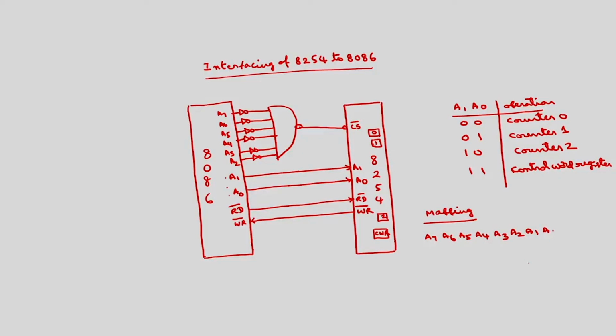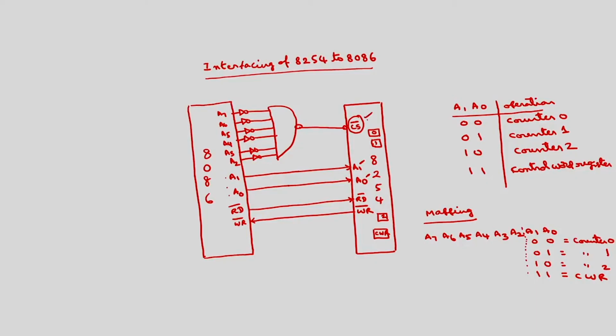These two pins will be connected to A1 A0 of the corresponding microprocessor pins. 00 means this will select counter 0, 01 means counter 1, 10 means counter 2, 11 means control word register. First of all you have to select the chip. After that, based on A1 A0, we can select counter 0, counter 1, counter 2 or the control register.